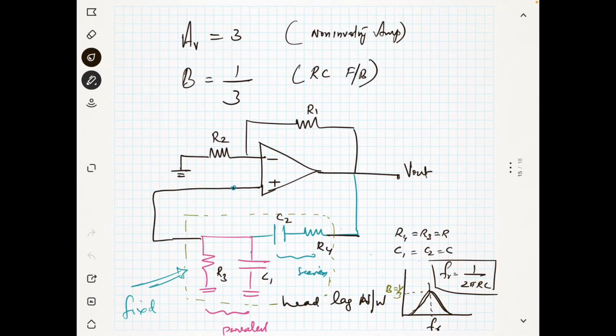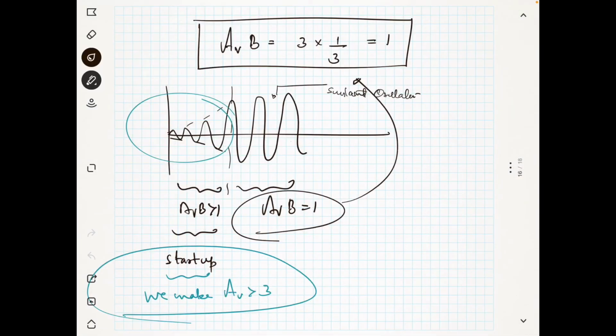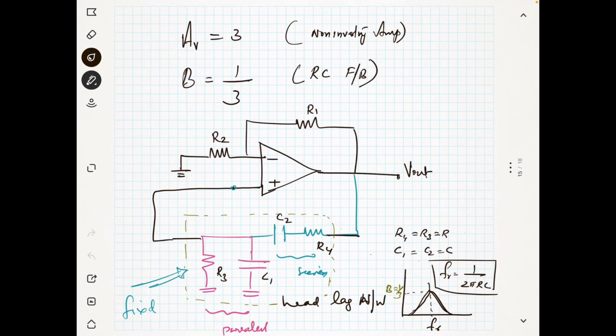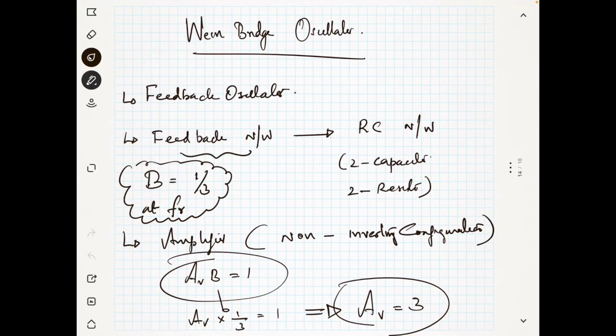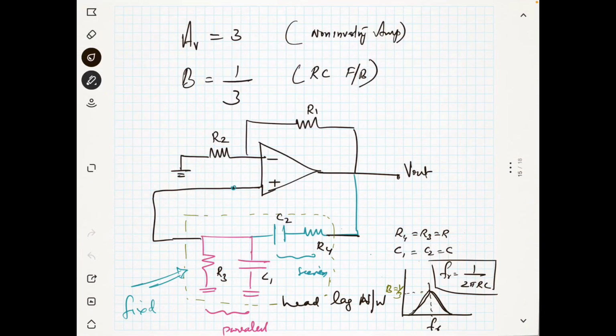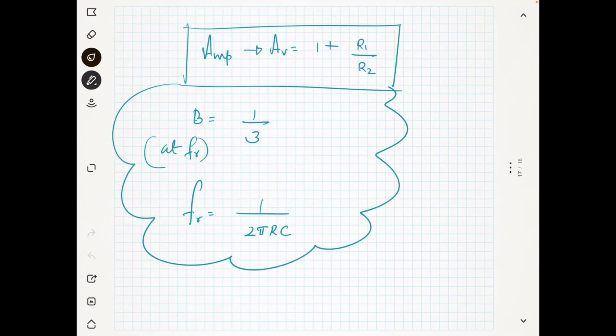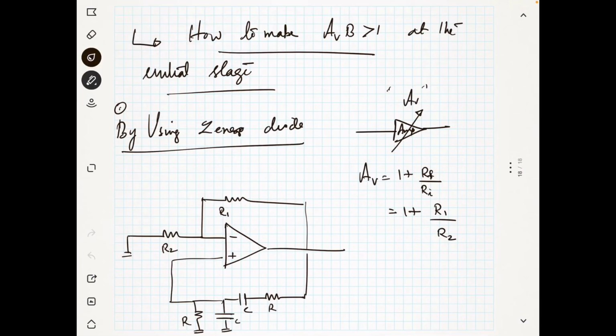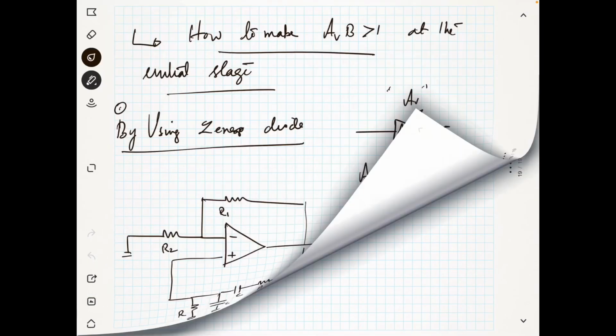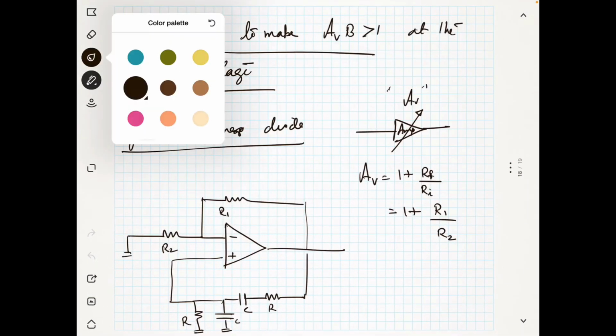Did I discuss the voltage gain? Anyway, here we have discussed 1 plus R1 by R2. Now we see what I am going to do for the startup condition.